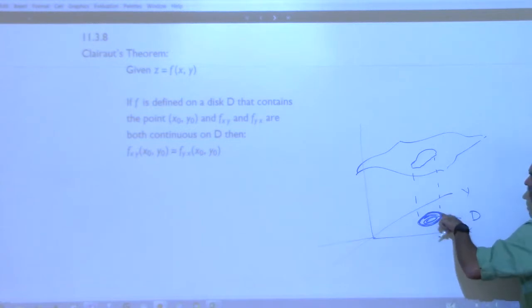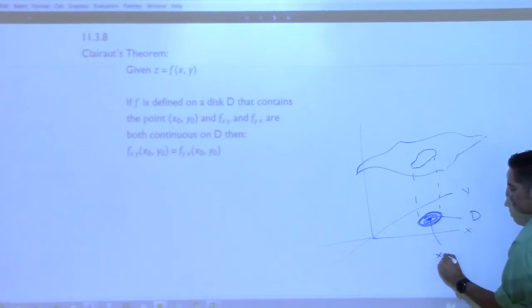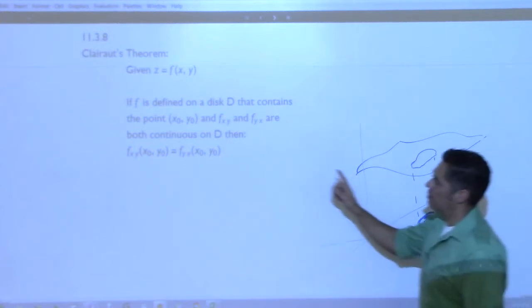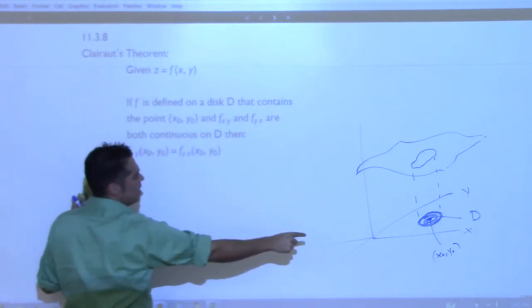The function is defined on this disk, and this disk contains the point x naught, y naught. This is the important part.